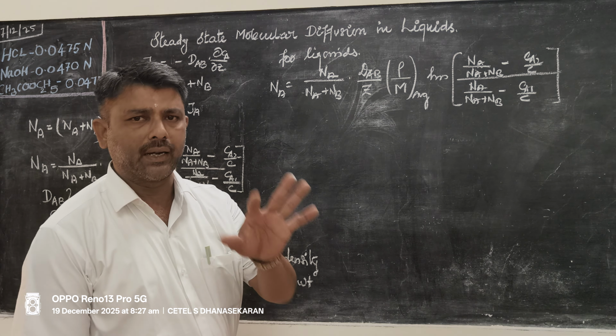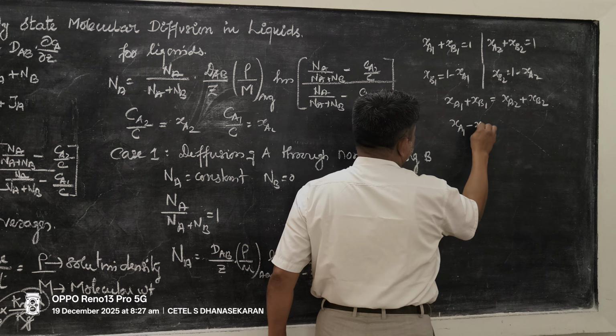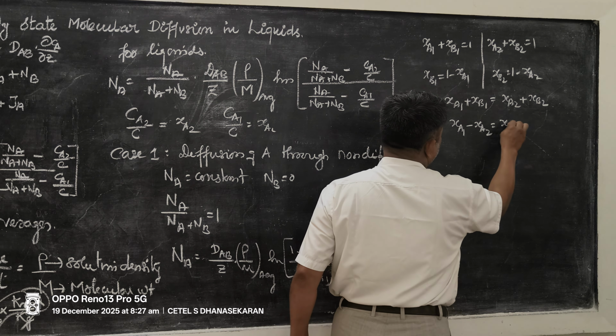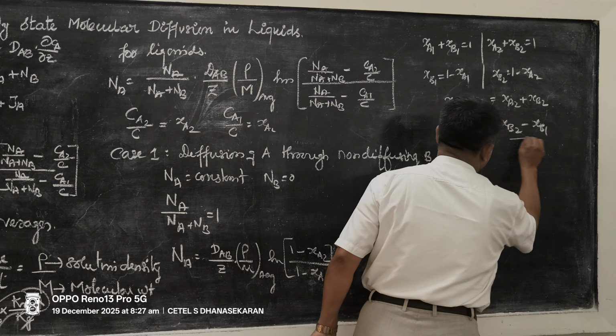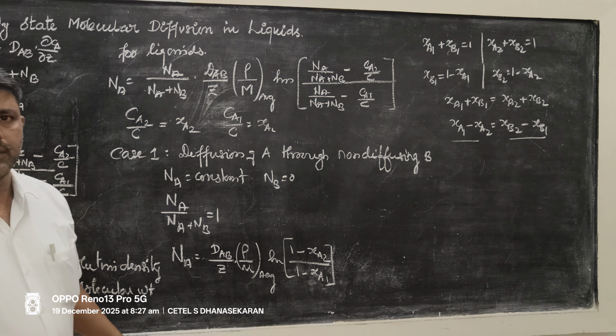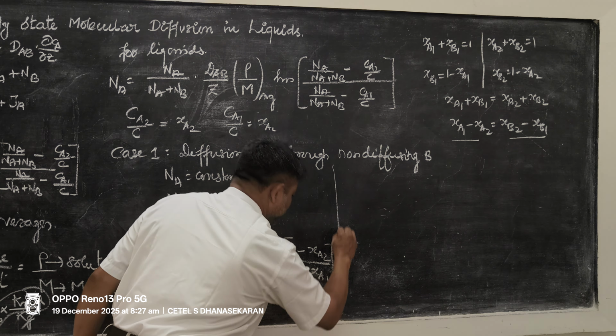Xa1 plus Xb1 is equal to Xa2 plus Xb2. So Xa1 minus Xa2 is equal to Xb2 minus Xb1. Both are same. So just a small modification for simplification of this equation.